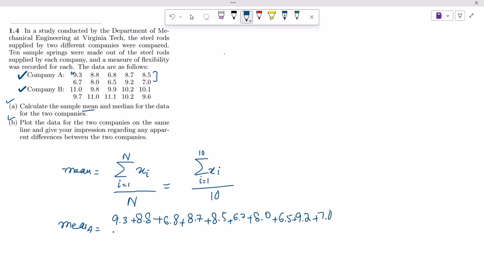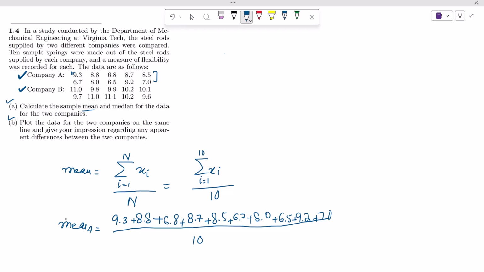You have to add them all and divide them over this total number of points, which are 10. Okay, this will be the mean for company A.